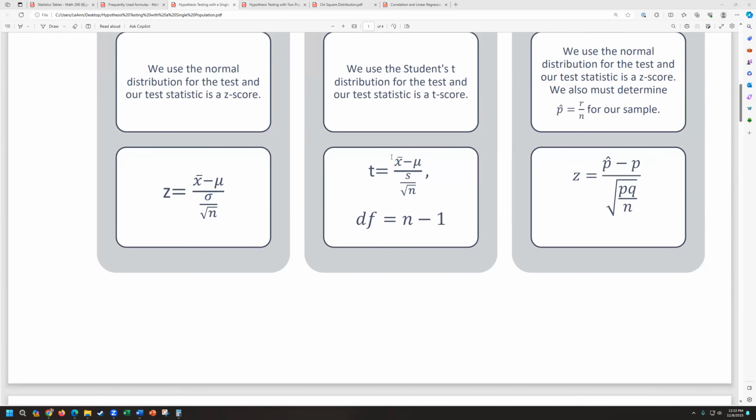Notice the formula looks very simple, pretty much the same as the z-score formula, except we're plugging in the sample standard deviation when we do our standard error down here. The big difference is we're reading off a different table, and that table also requires us to know the degrees of freedom, which is the number of items in your sample minus 1. And if you don't see that row of values in your actual student's t-table, remember we round down to the next degree of freedom in the list.